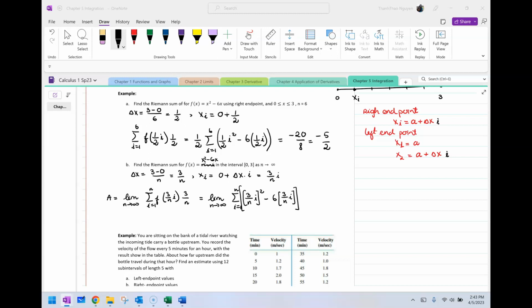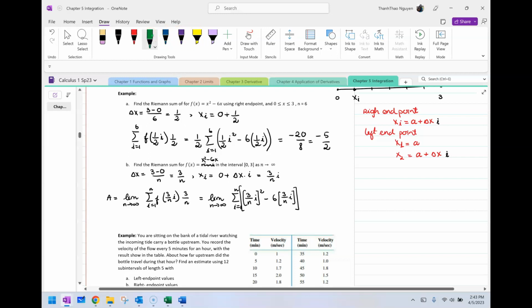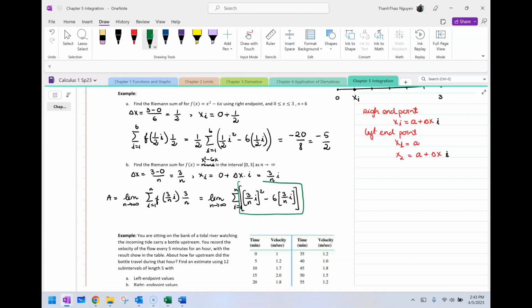We will go ahead and simplify the inside. So this part becomes the limit as n approaches infinity of negative 36n squared minus 27n plus 9 divided by 2n squared, and this equal to negative 18. So the area approaches negative 18.